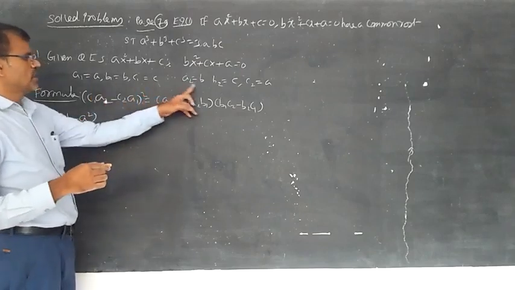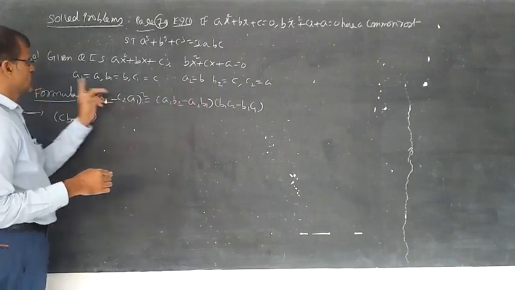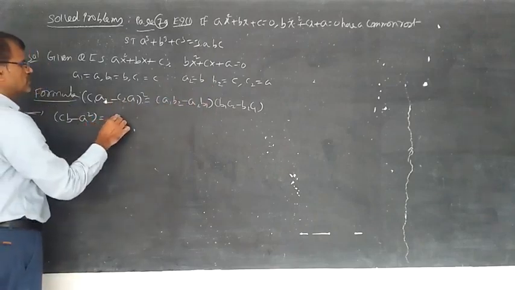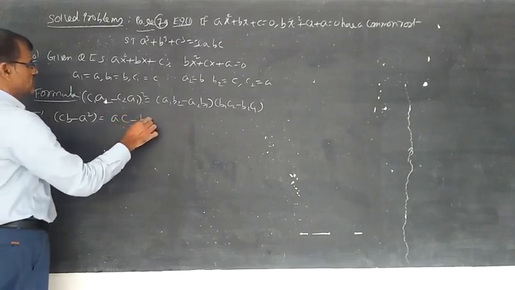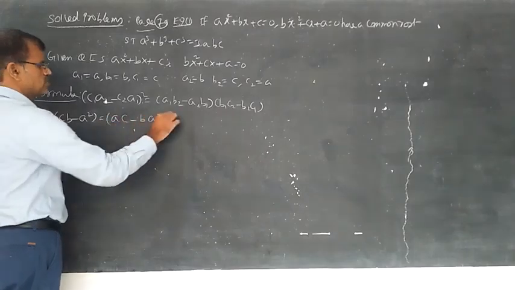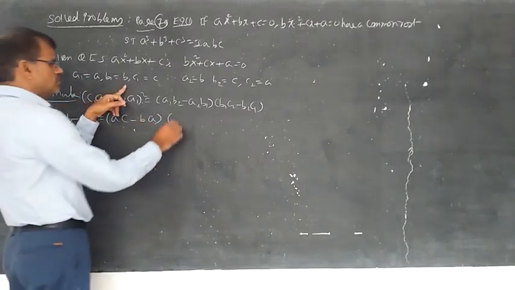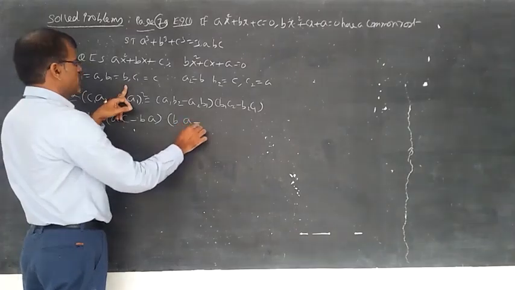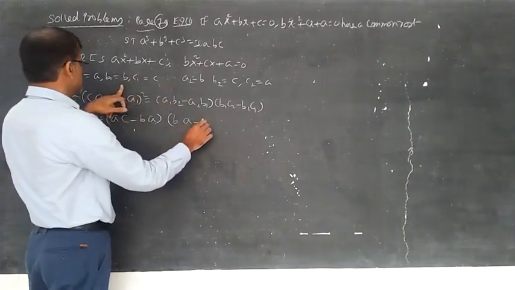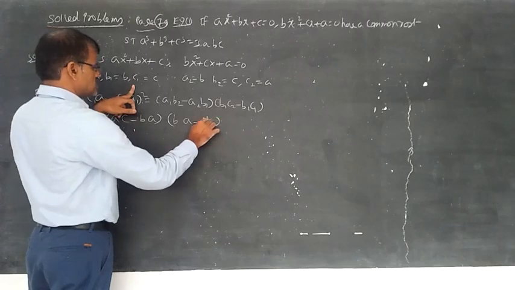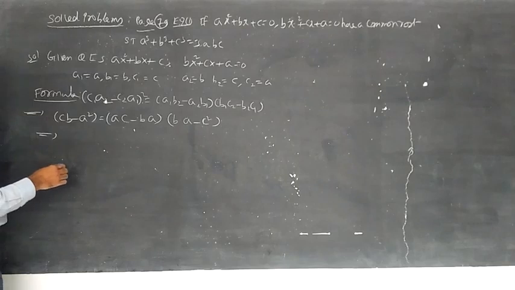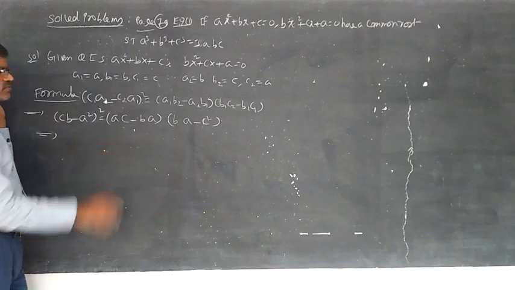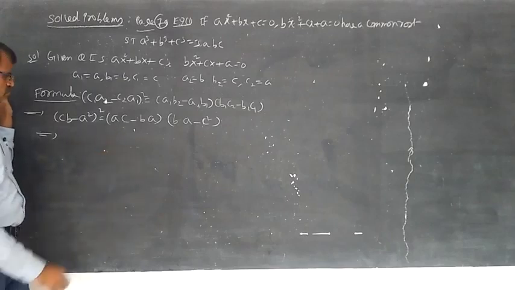Whole square is equal to a1 b2, that is a into c, minus a2 b1, that is b into b, into b1 c2, that is b into a, minus b2 c1, b2 is c and c1 is c, so c square. So cb minus a square whole square equal to (ac minus b square) into (ba minus c square).